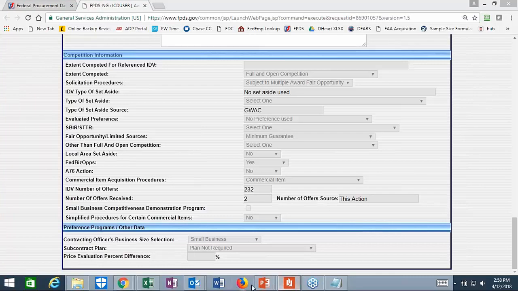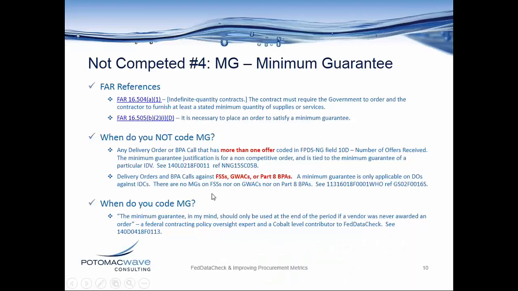Okay, the next one is, and this is a key one on a minimum guarantee. They're only applicable to IDCs. So if your department set up an indefinite delivery contract, Department X, Department of Interior, GSA Public Buildings Service, NOAA, you're responsible for making sure the vendor gets the minimum guaranteed on the IDC contract.